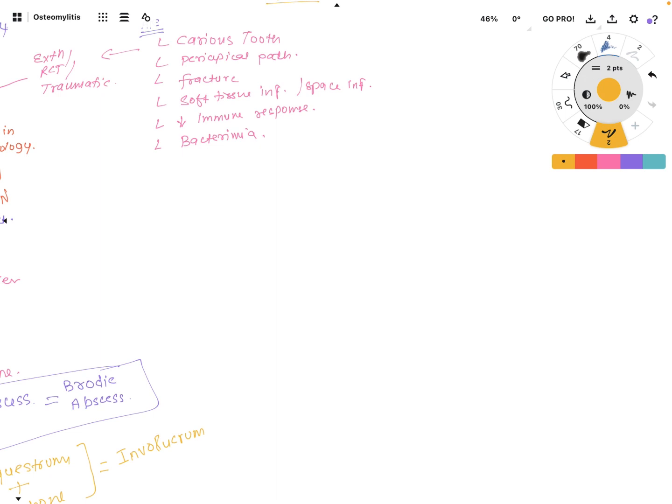So in etiology, we want to understand the causative organism. What causes your osteomyelitis, and the most common culprit for your osteomyelitis is, as always, Staph aureus.